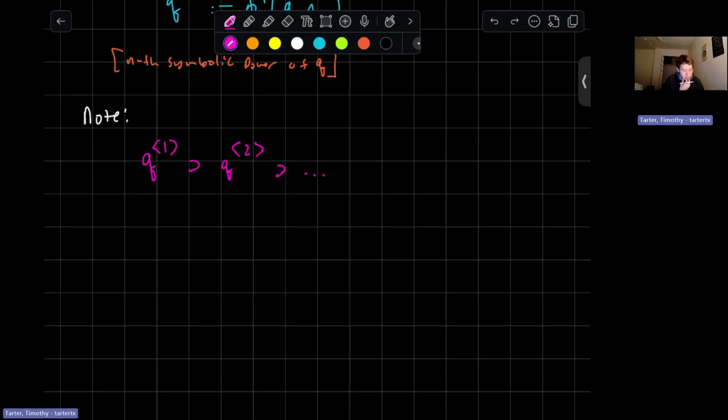This is a descending sequence of ideals of A, if these are prime ideals, and Q to the N is a prime ideal.